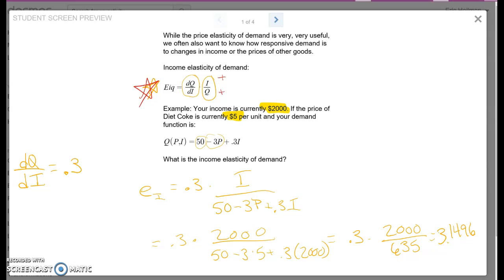So the sign of income elasticity has to do with dQ/dI. If a good is normal, the amount demanded when your income goes up is always going to be more, so this is going to be positive. And it will only be negative if the good is inferior.